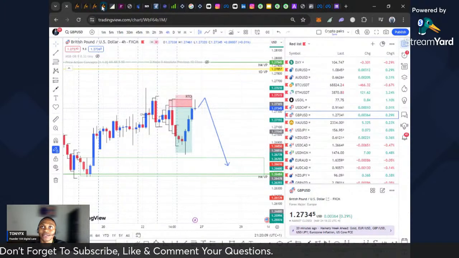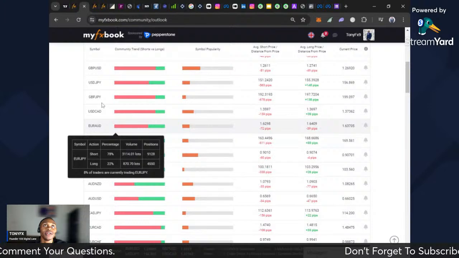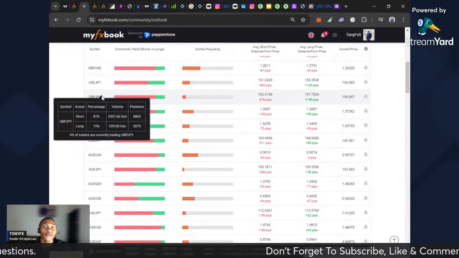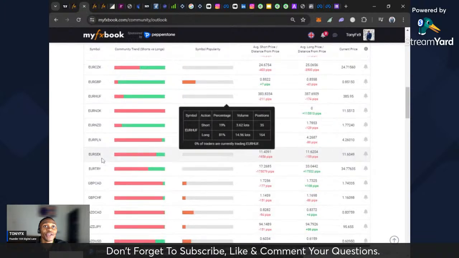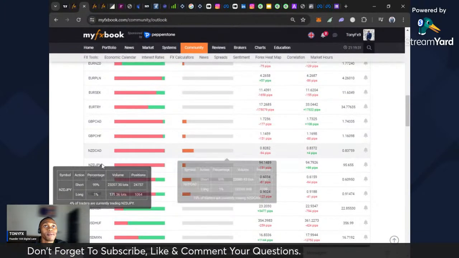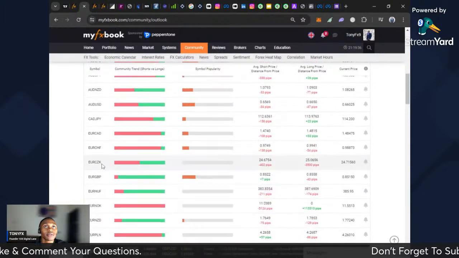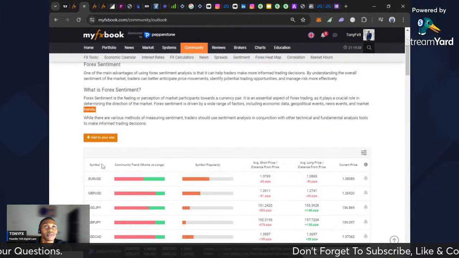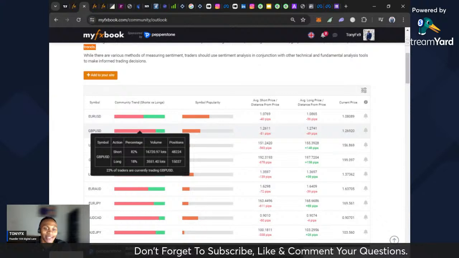Let's see what sentiment has to say about GBP/USD. Sentiment on GBP/USD, you can see short is 82%, long is 18%.